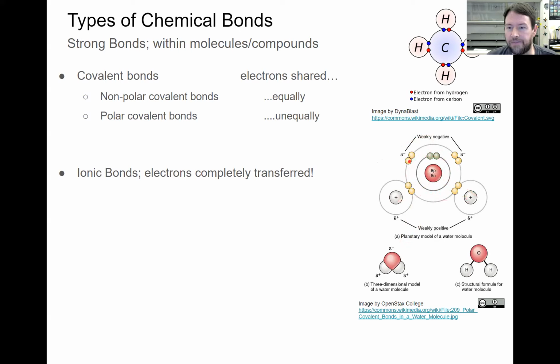And so what this means is oxygen has 2 empty spots in its outermost shell. Hydrogen has 1 empty spot in its outermost shell. And so there are these 2 covalent bonds between 2 different hydrogens and the same oxygen. So a very simple diagram.